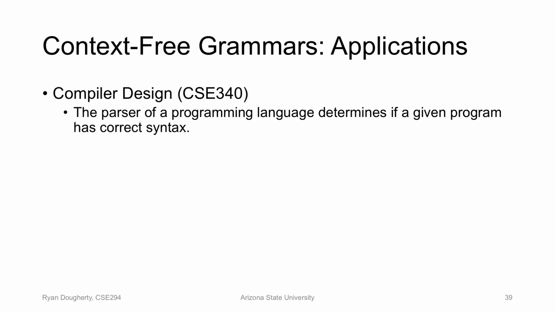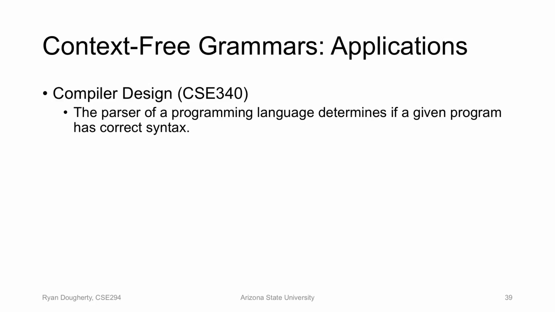And how they're used is when your program, say if you're compiling in Java, for example, and it says that you have a missing curly bracket somewhere, or this statement is not quite syntactically right, a context-free grammar is verifying that for you. So on the back end, your program is essentially a giant string that you feed to this context-free grammar.